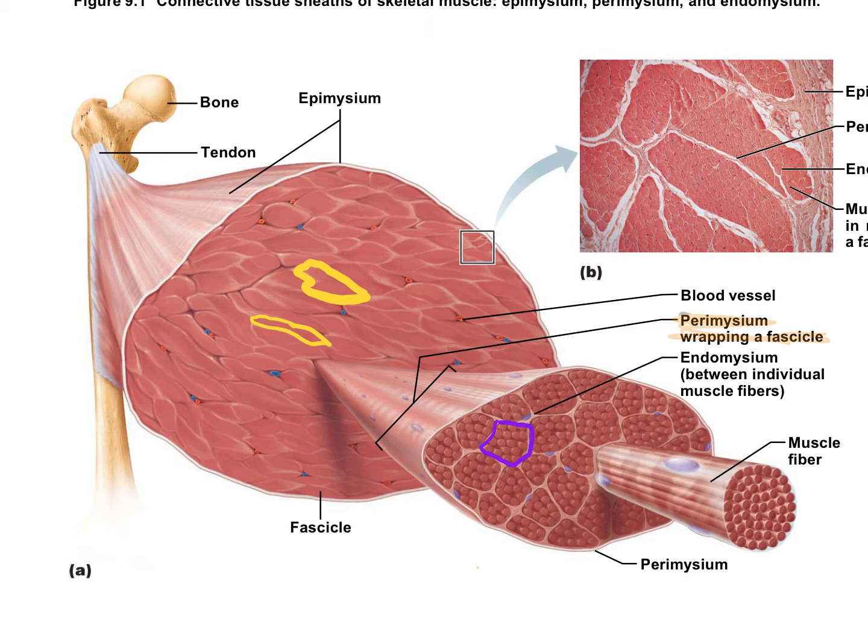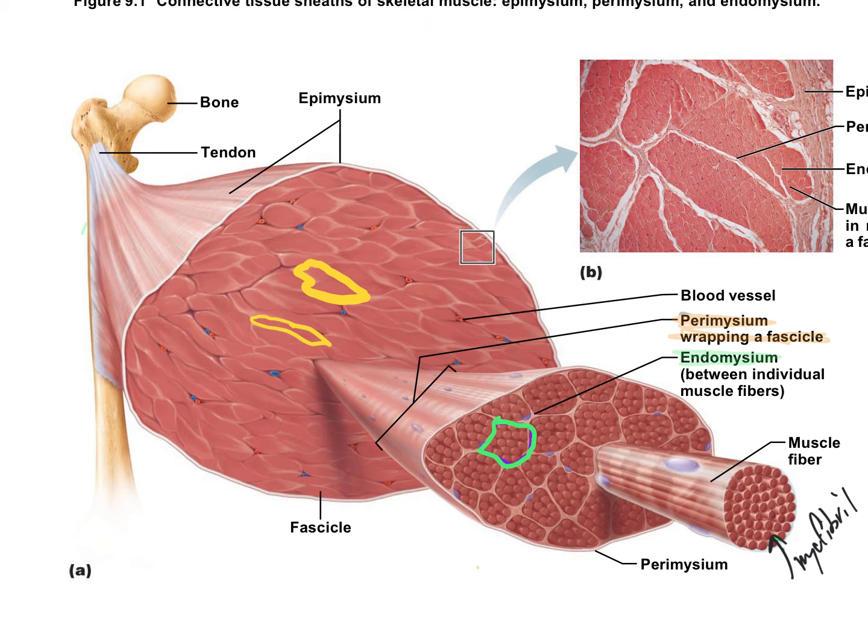This is a muscle cell, a muscle fiber, and that is where the endomysium is found, between individual muscle fibers. Within the muscle fiber, each one of these is your myofibril structure.